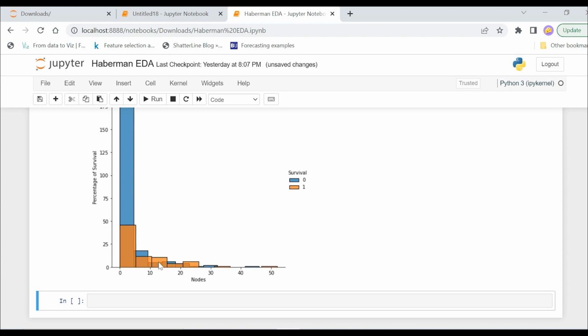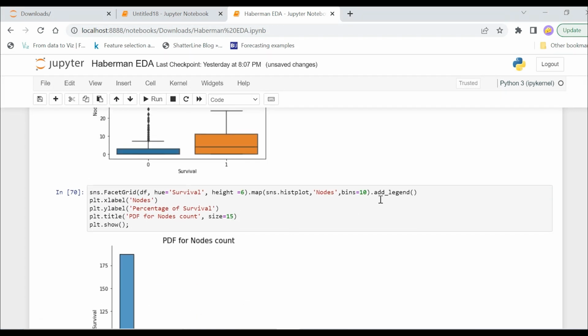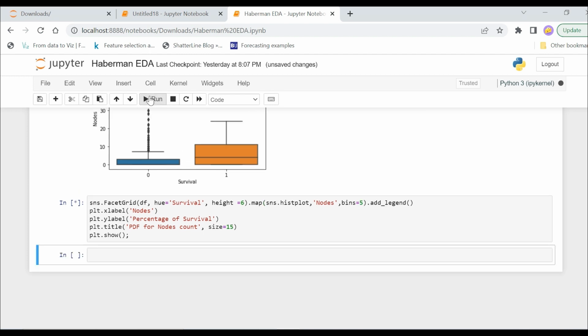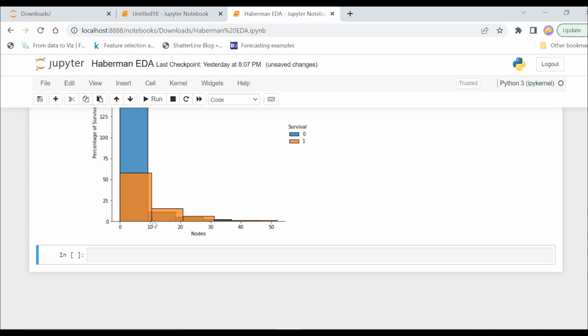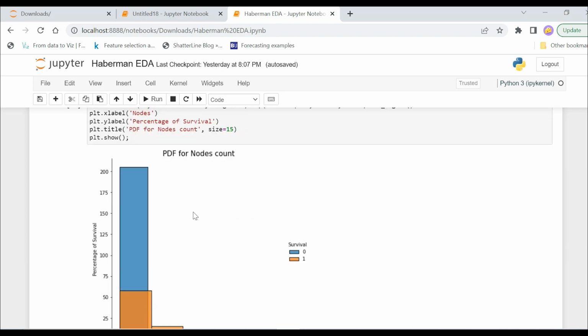You see here, for the people who have more than 10 nodes, there is a higher chance that they will live less than 5 years. But I'll just put bins as 5 here. After 10 it is very difficult to calculate, but we can say one thing: after 10, this percentage is very high.